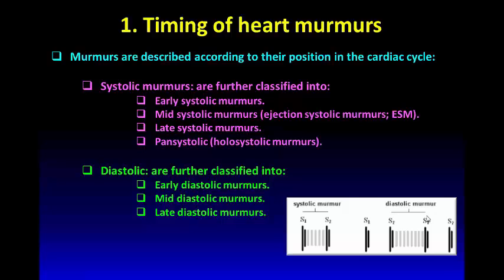Diastolic murmurs are further subclassified into early diastolic murmurs, mid-diastolic murmurs, and late diastolic murmurs. The heart murmur can extend throughout systole and throughout diastole, and when this is the case, the murmur is classified as a continuous murmur.